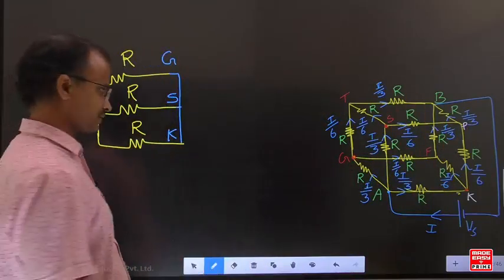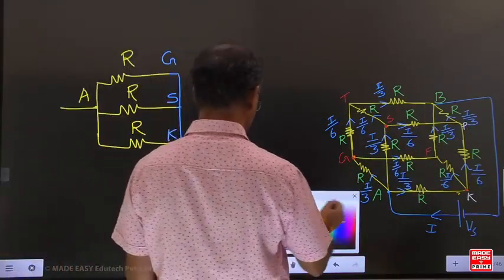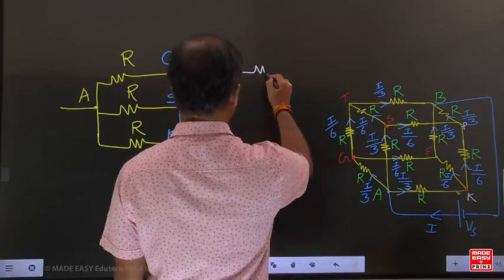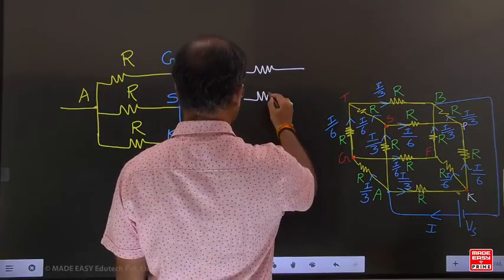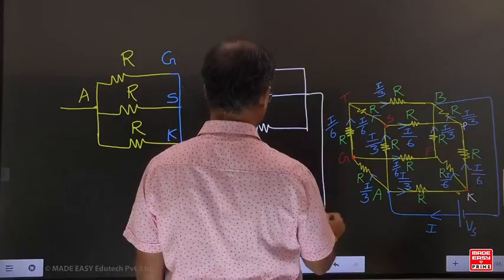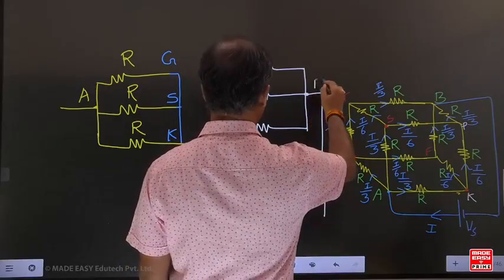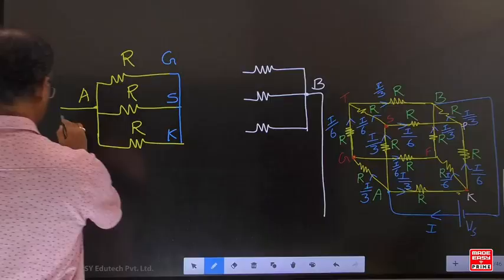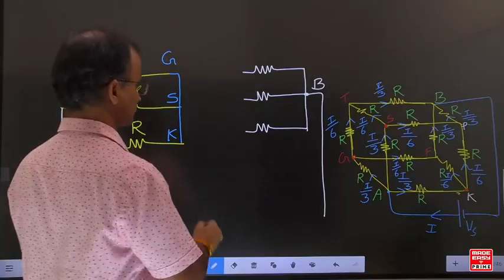All potentials are also the same. Then the same figure.